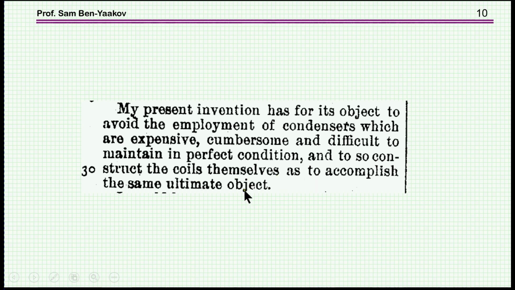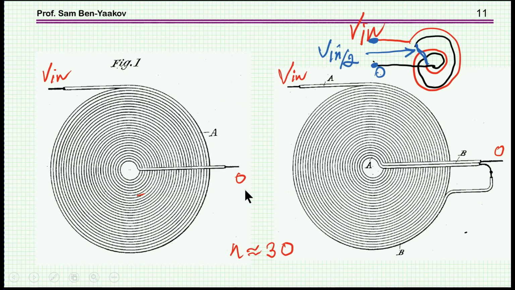That is, to construct the coil such that it will have the capacitance embedded inherently in it. So you won't need an external capacitor, or you can get by with a smaller capacitance. And here is the idea. This is the so-called conventional coil at that time.